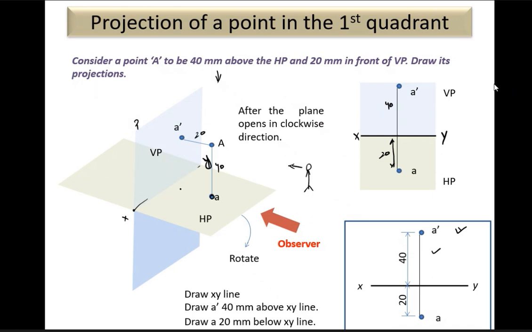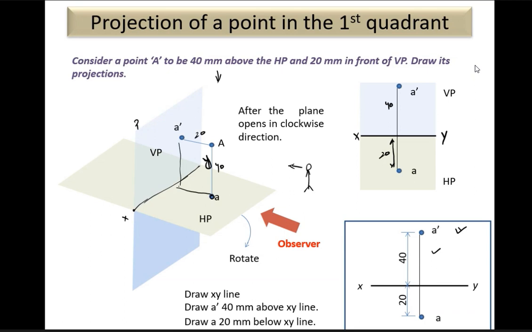This is the distance from the XY line. So what is the distance? This is 20 mm, and this is 40 mm from the XY line. Okay. Is it clear? Yes, sir. These two dimensions are sufficient for a person who is observing your drawing to imagine where the point lies.